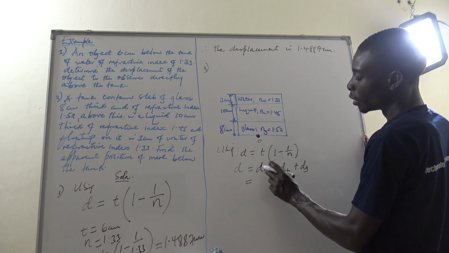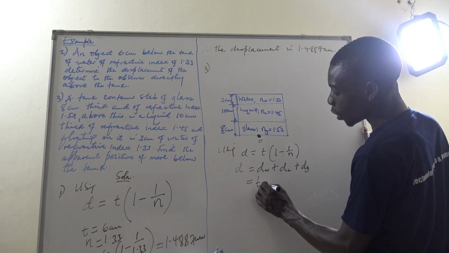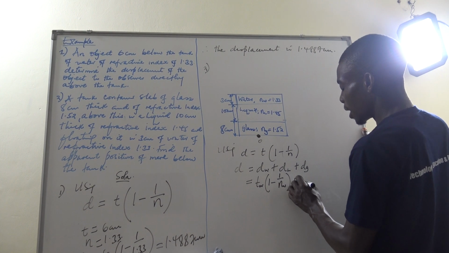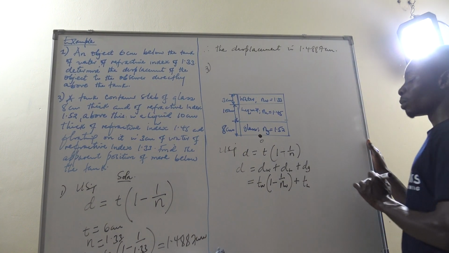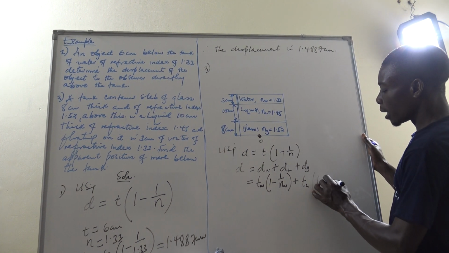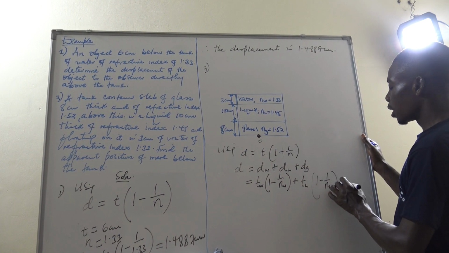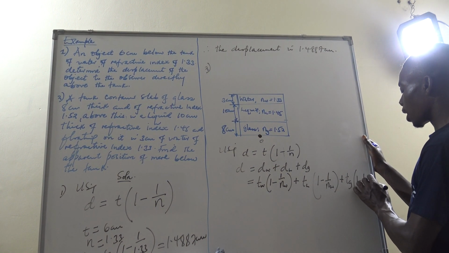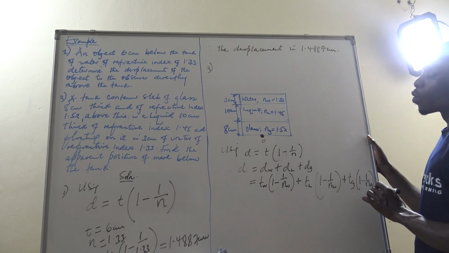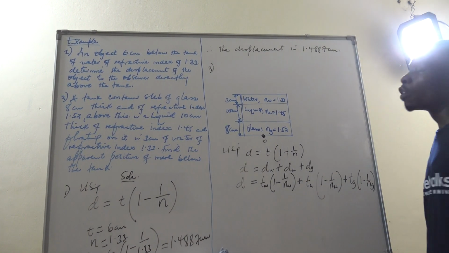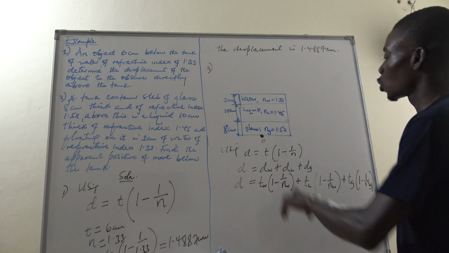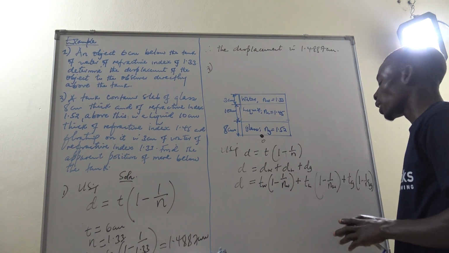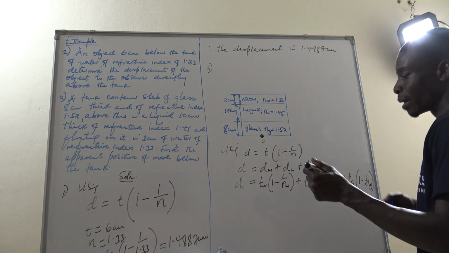Displacement of water will be thickness of water into 1 minus 1 over refractive index of water, plus thickness of the liquid into 1 minus 1 over refractive index of the liquid, plus displacement of the glass, which will be thickness of the glass into 1 minus 1 over n. So to get the total displacement, we look at the displacement caused by each, and then we sum them to get the resultant displacement.